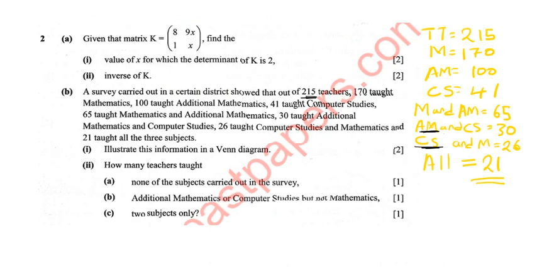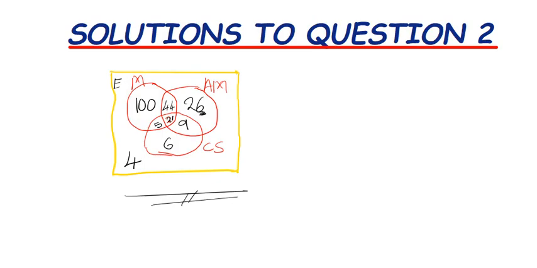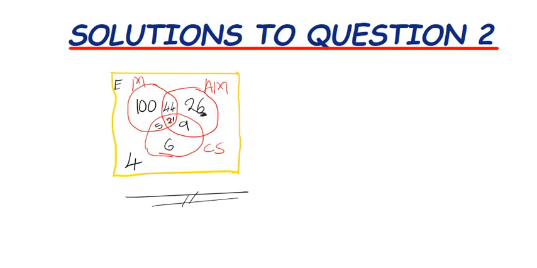So now 2a, they have said how many teachers taught none of the subjects carried out in the survey. Now these are the teachers who were part of the survey but did not teach any subject, because none means they did not do anything. Now we are about to see this, right?